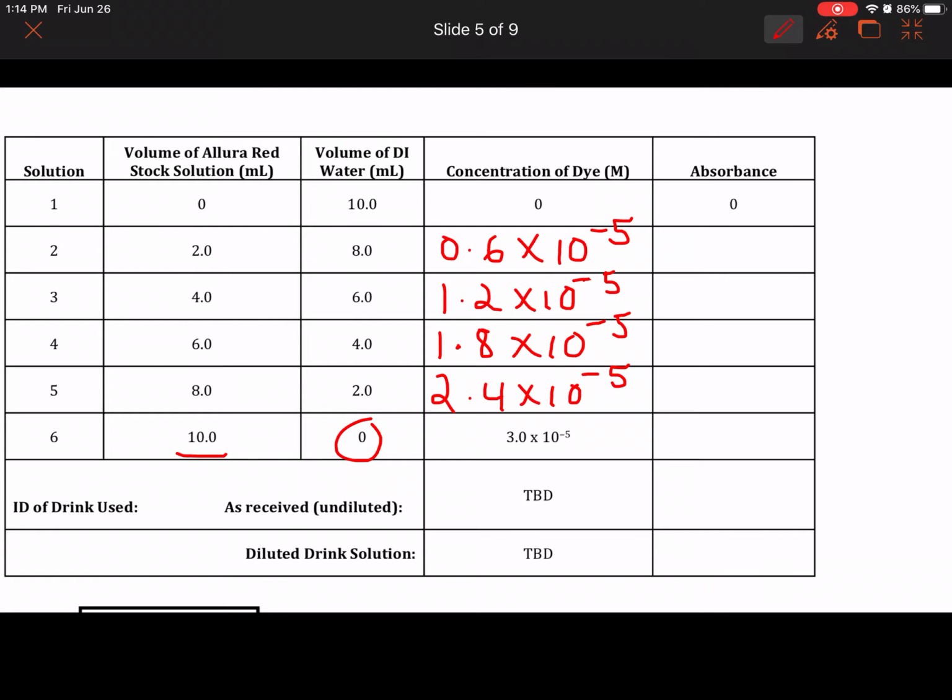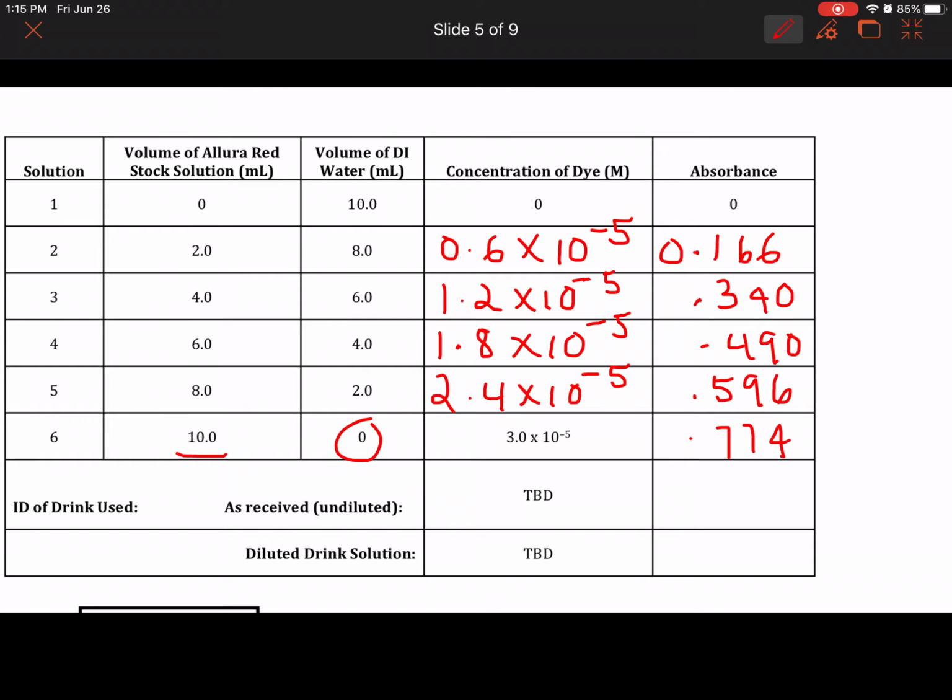And then the absorbance values were given to you in the data sheet. So you can go ahead and write them down here. For the first one, 0.166. For the second one, 0.340. And then 0.490, 0.596, 0.774.